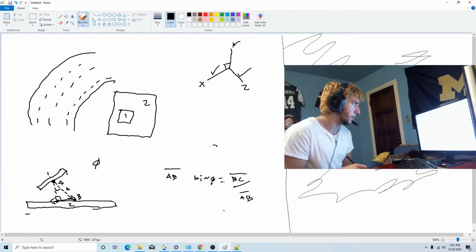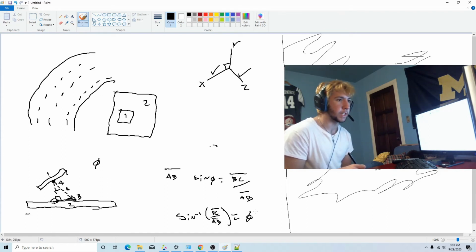Now to solve for this angle, we can use our inverse sine. So inverse sine of BC over AB will get us our angle. Then you can use your 3D engine to do that rotation and stabilize your car.